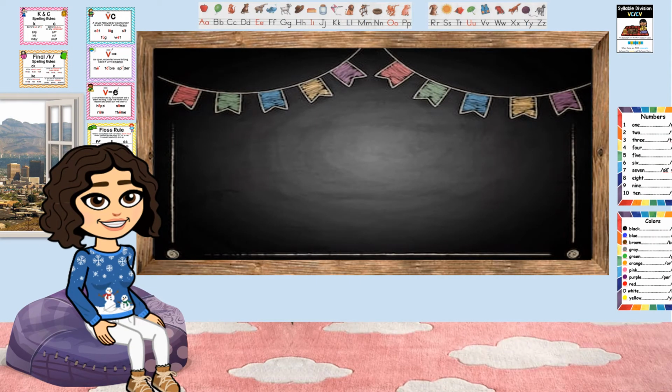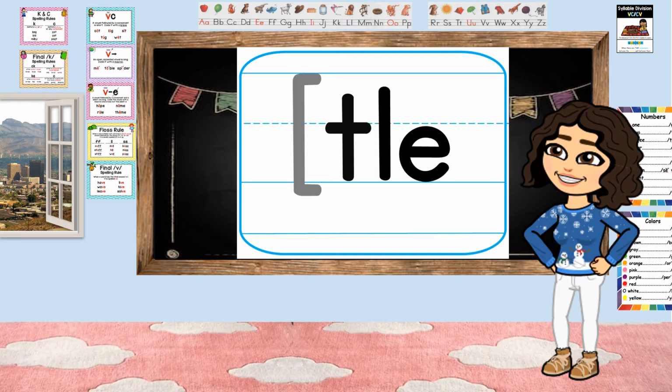So today, boys and girls, we've been learning a couple more final stable syllables. We have learned about this one. So when we see this card, we're going to say final stable syllable, T-L-E.